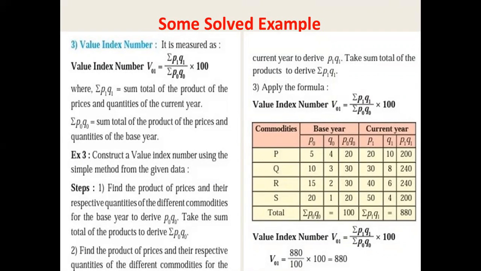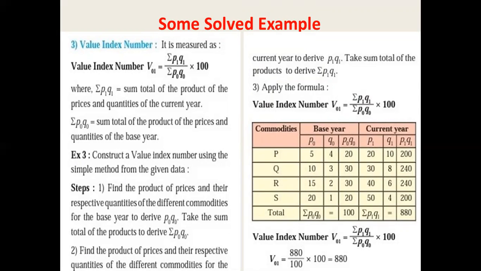In the value index number, V01 is equal to summation of P1 Q1 divided by summation of P0 Q0, multiplied by 100. What is the meaning of P1 Q1?